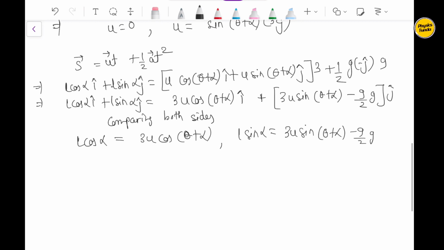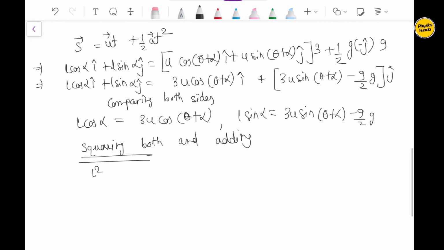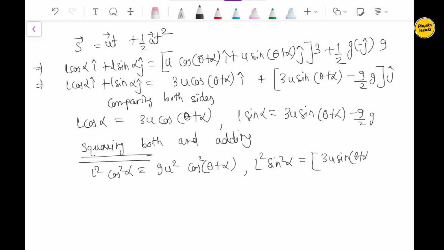Now if I square both and add, this will give me L square cos square alpha is equal to 9 u square cos square theta plus alpha, right? And L square sine square alpha is equal to 3u sine theta plus alpha minus 9 upon 2g, whole square.